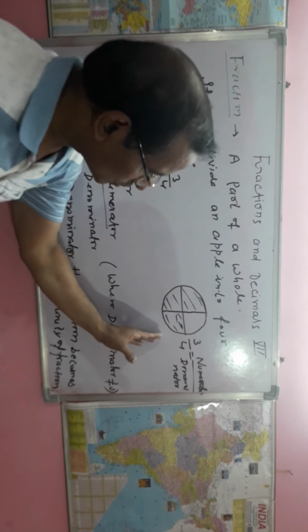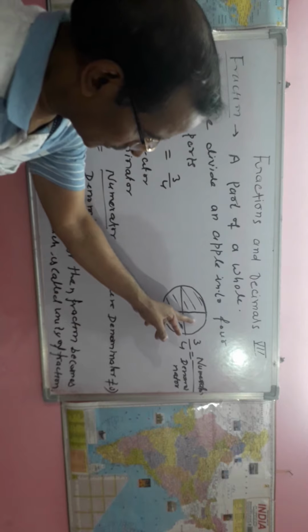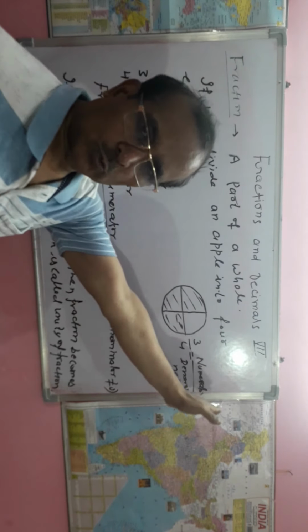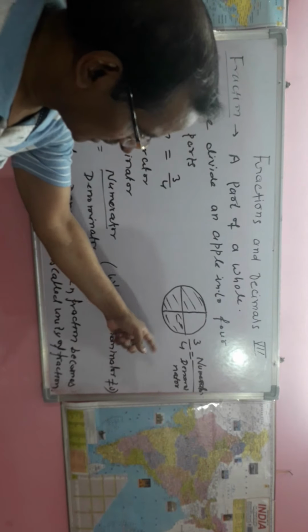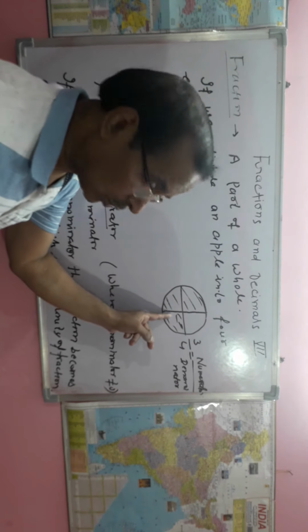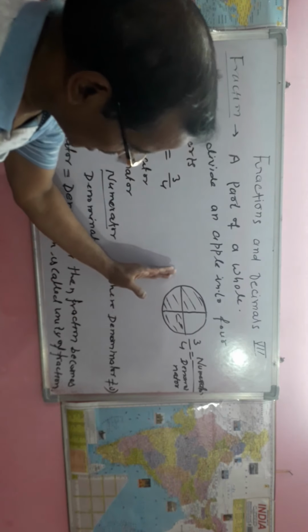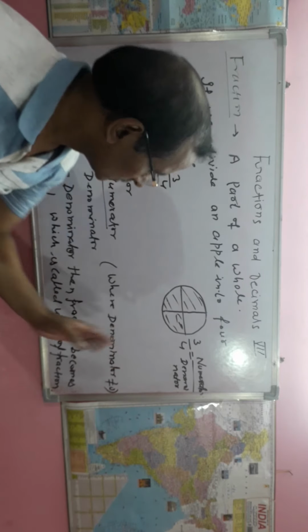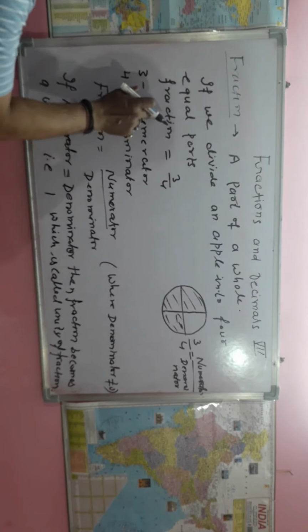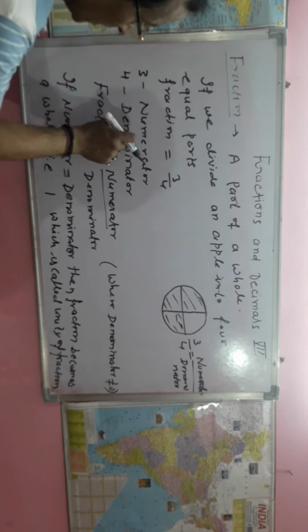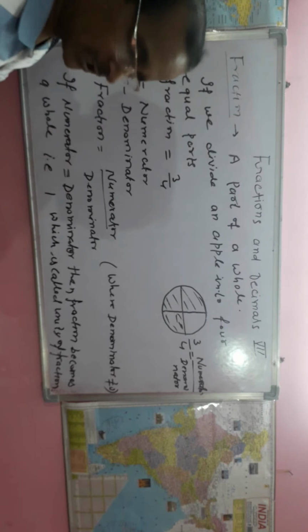We have 3 parts and 1 part we have given to another person, so we have 3 equal parts. Now we can write it as a fraction equal to 3 upon 4. Here 3 is the numerator and 4 is the denominator.